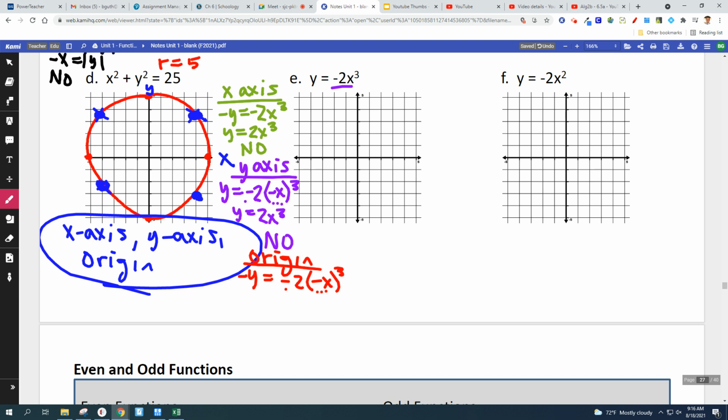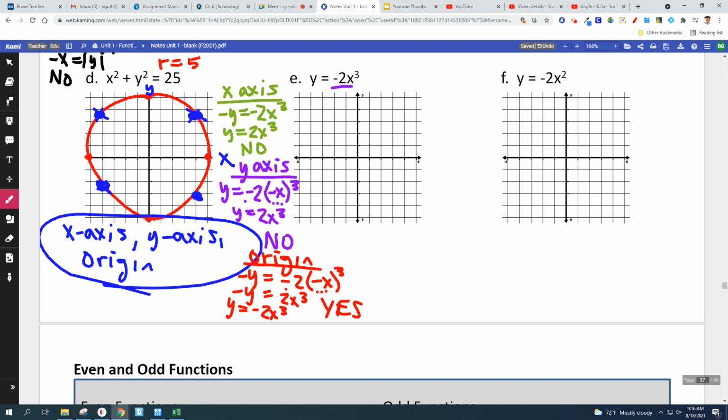So that's going to turn into a positive 2x cubed. But now we've got the negative y in the front. So you can isolate y by dividing by a negative. You're going to get y equals negative 2x cubed. That's the same thing as what we started with. So that tells me that there is origin symmetry.